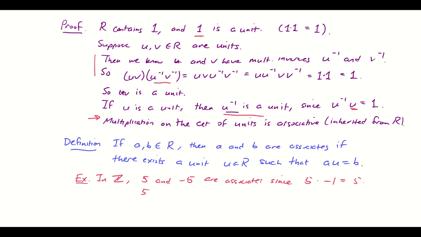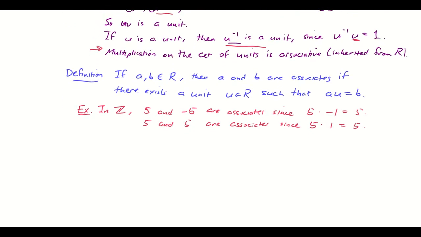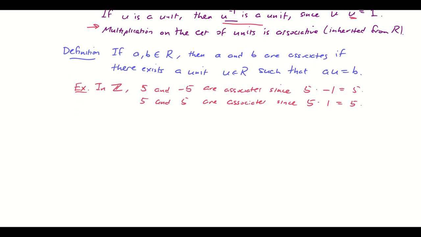For that matter, we could also say 5 and 5 are associates, since 5 times 1 is equal to 5. But you won't find any other associates of 5 in the ring of integers, because 1 and negative 1 are the only units we have to multiply by.